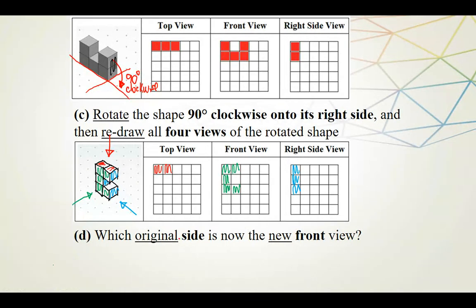And then D says which original side is now the new front view. Okay, so this is the new front view. So let's compare it to what our original sides look like. Definitely not the top view, definitely not the right side view, because I need to see that C shape. The front view is the closest to this, but it's not a perfect match. Okay, it does have the C shape, but it's not in the correct orientation. So here I would actually just say none of the sides.